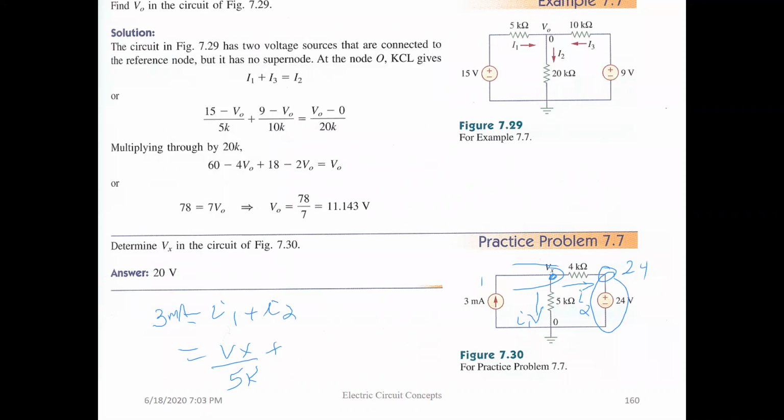Plus I2, going from Vx to the 24 volt, divided by 4. We multiply by 20 to get rid of the denominator and solve for Vx, and you should get 20 volts.